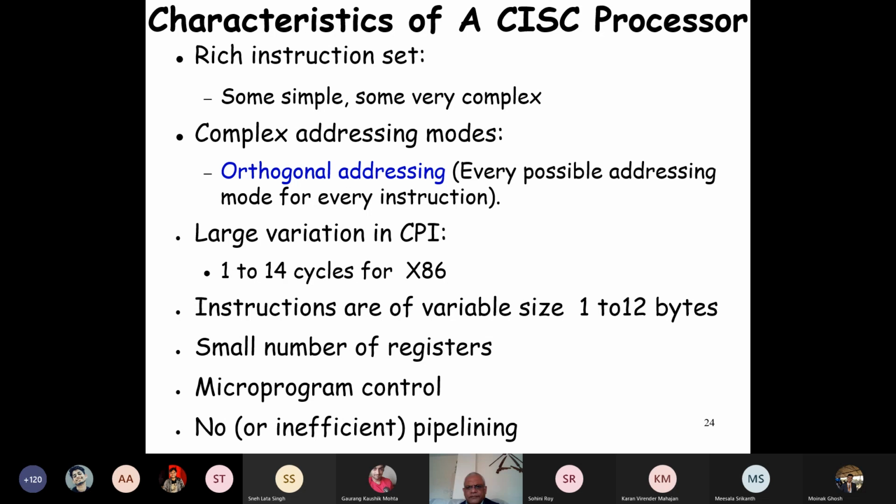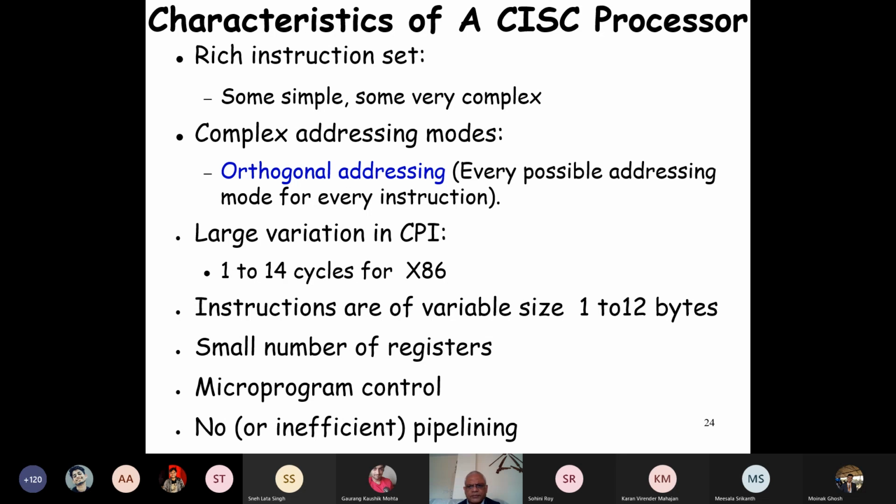Decoding the instruction is very difficult. And also the control circuit, like when to do what operation, the data to be brought to the register, added, produced, next one, is very difficult. And therefore the control circuit size is huge, 80% of the chip area goes in the control circuit. And we could implement only a very small number of registers, because most of the area has gone into the control circuit.